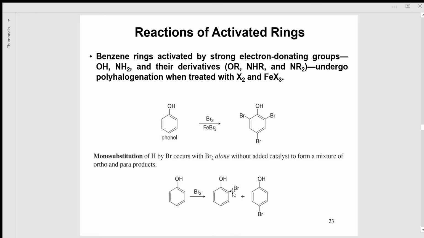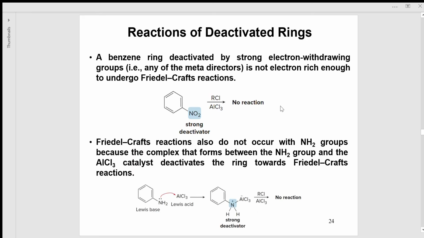So it is either the ortho or para position. There is no substitution at the meta position, since these two are meta relative to this hydroxyl group. That's how you analyze the reaction product of an electrophilic substitution reaction.